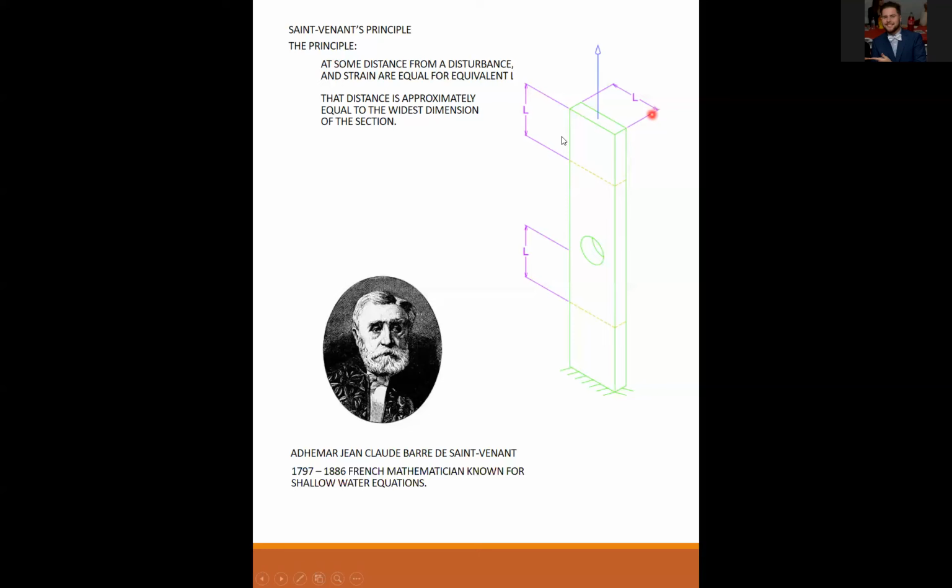So if you had a distributed load instead of a point load, it's just kind of weird to look at, but if you had this as a line going right down the middle of this and the total magnitude of that line was the same as the point load, then you would still have a little bit of a disturbance across the grain, so to speak. The stress would be non-uniform across the grain, but in this direction, it would be uniform.